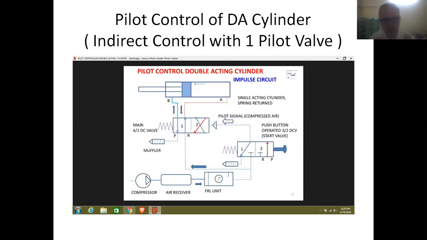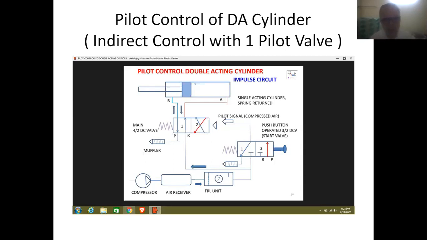So friends, in this arrangement, both the valves will be coming to first position for performing the forward stroke of the piston, and similarly, both the valves will be coming to second position for performing the return stroke of the piston. So friends, this is the arrangement made for operating the circuit.